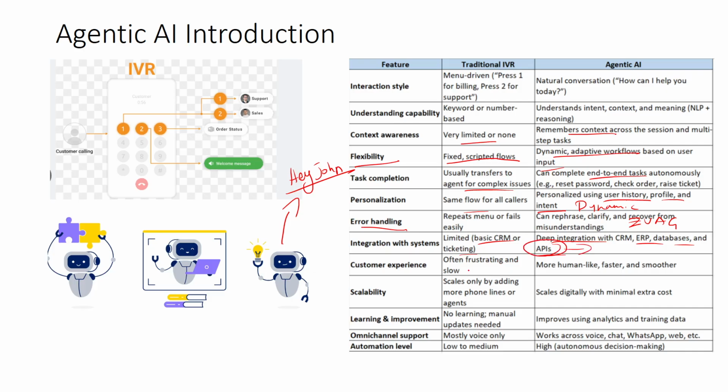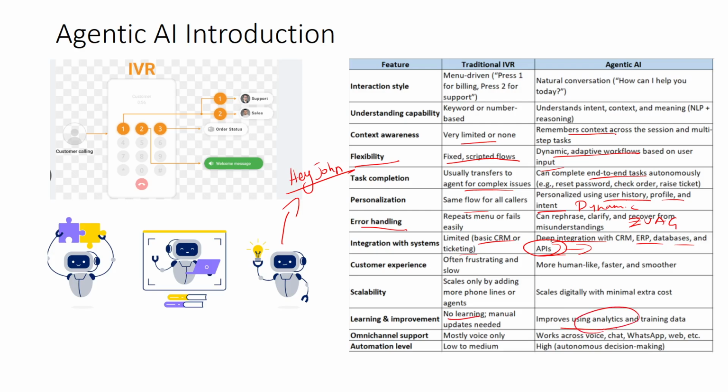User experience in IVR is often frustrating and slow. Even when I call any contact center, if it is IVR, I try avoiding it and talk to a human agent, but that's not the case with ZVA. In IVR systems there is no learning, but in agentic AI you have learning.